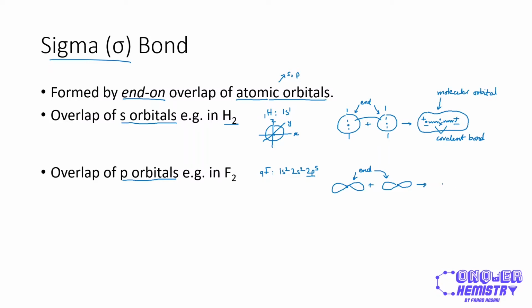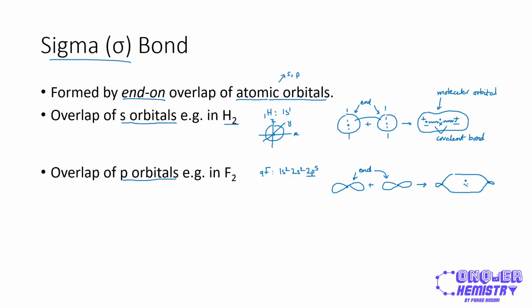When these two get together, to form a better overlap, the shape of the p orbital, which is right now hourglass shaped, is going to change a little. The end that is not overlapping is going to shrink, and the end that is overlapping will become larger so that there is better overlap of the p orbitals.